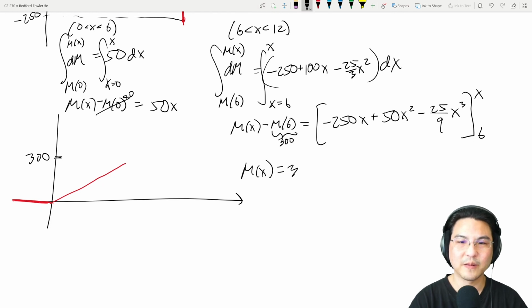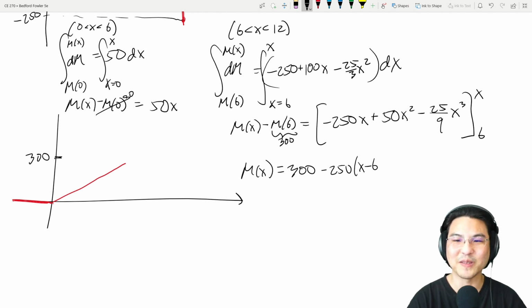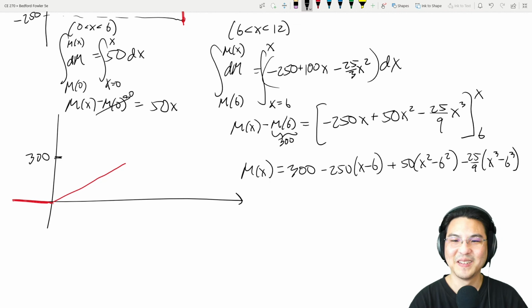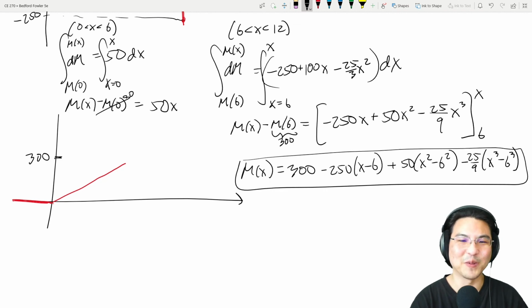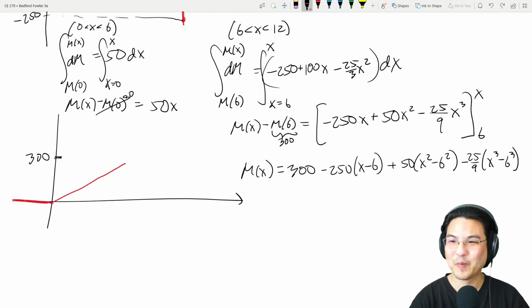Okay, so 300, and then, let's see, minus 250 times (x minus 6), plus 50 times (x squared minus 6 squared), minus 25/9 times (x cubed minus 6 cubed). Okay, so you can simplify some more, but this is the answer.